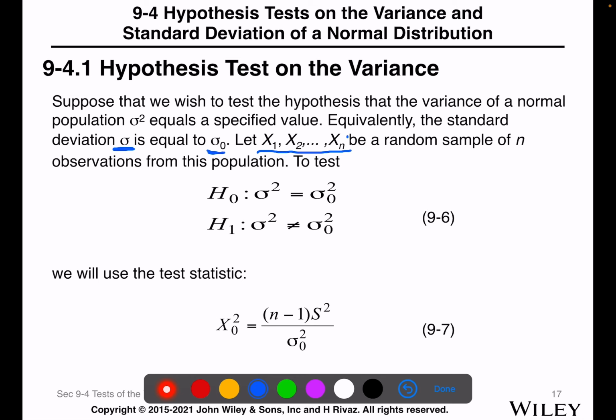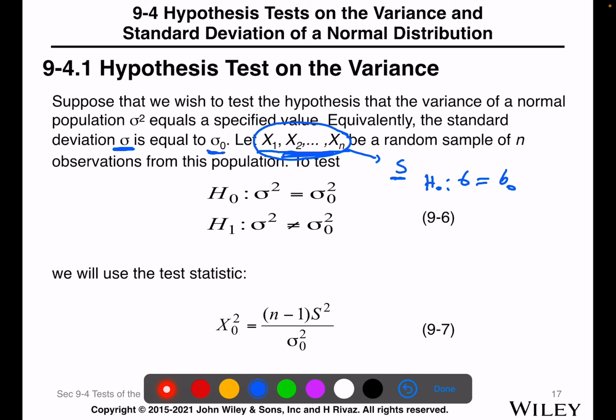So from these measurements, we calculate S, and based on S, we want to decide whether sigma is sigma 0. This is our null hypothesis. From these measurements, we estimate S, which is the sample variance or sample standard deviation.